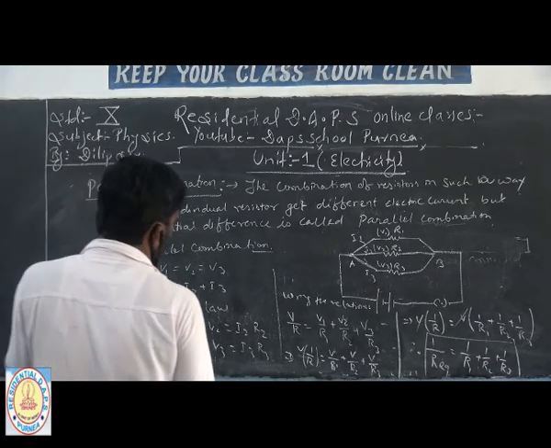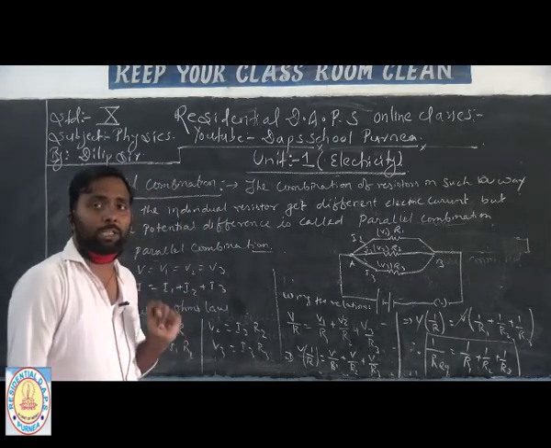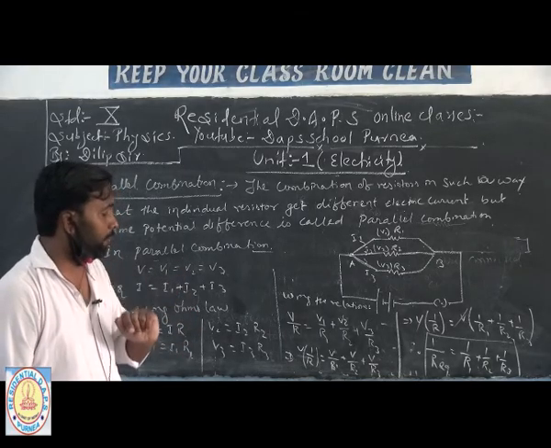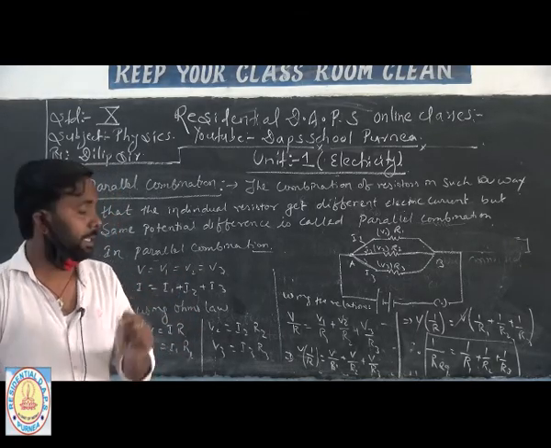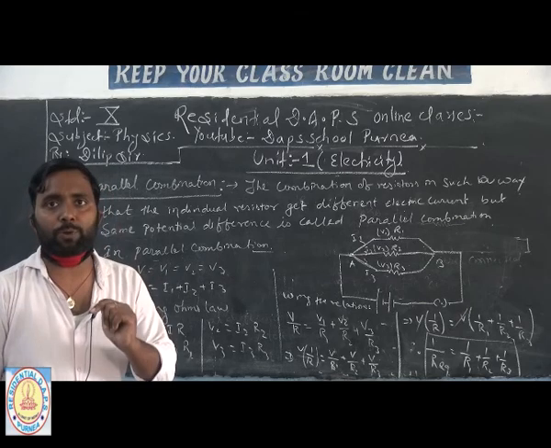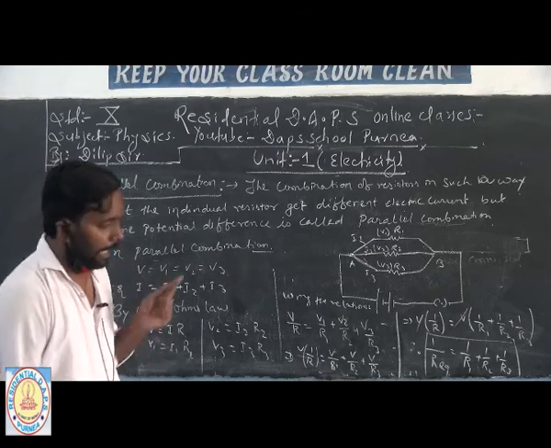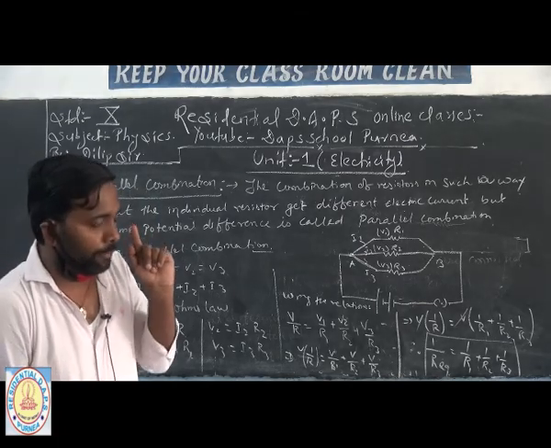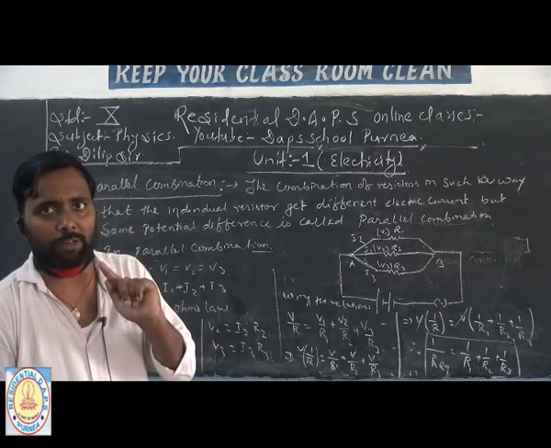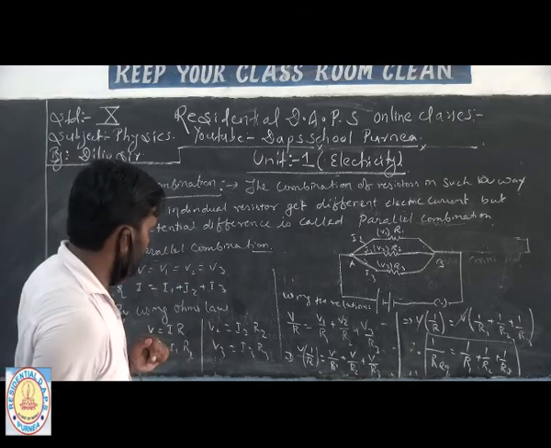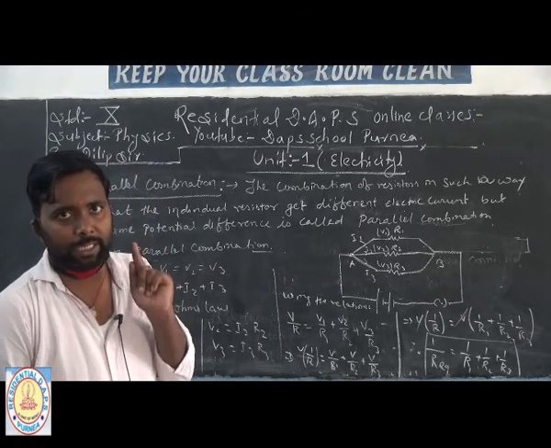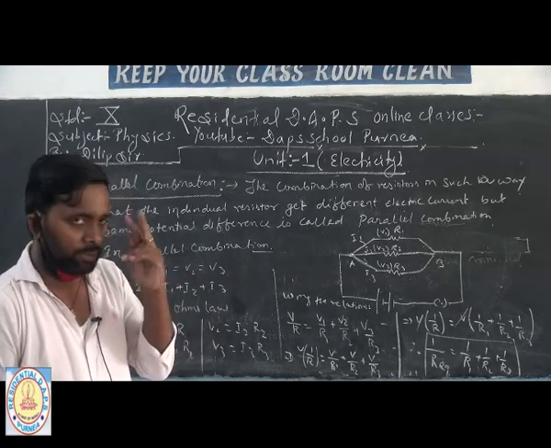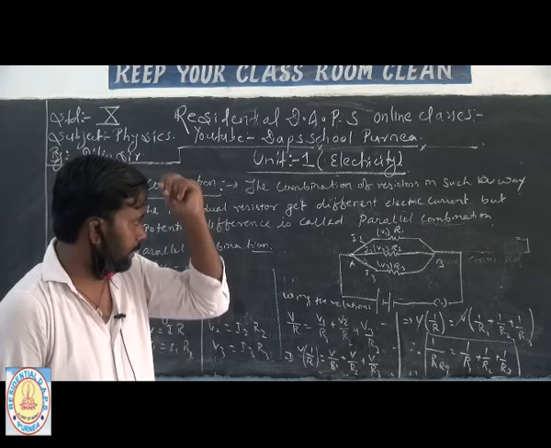And in parallel combination, the reciprocal of the equivalent resistance is equal to the sum of the reciprocals of the individual resistances. Another thing to keep in mind is that the equivalent resistance in series is always more than the individual, but the equivalent resistance in parallel is always smaller than the individual. These two points you have to keep in mind.